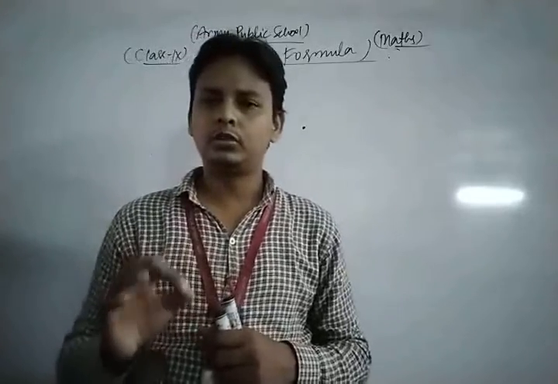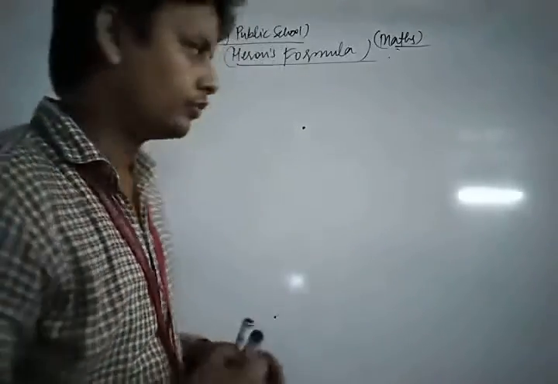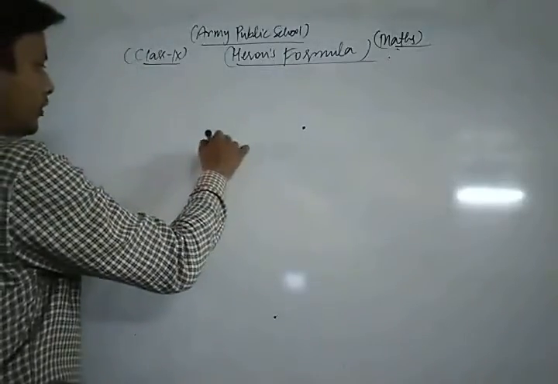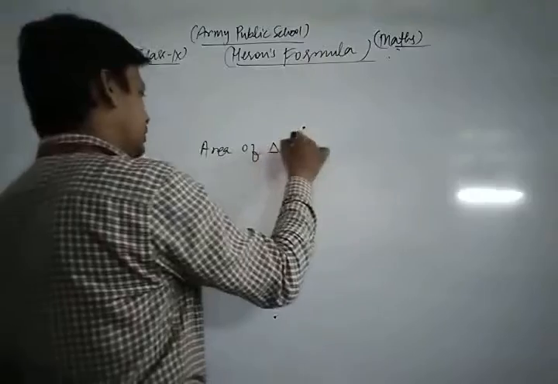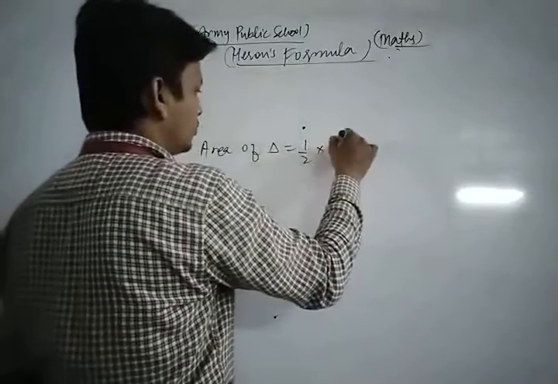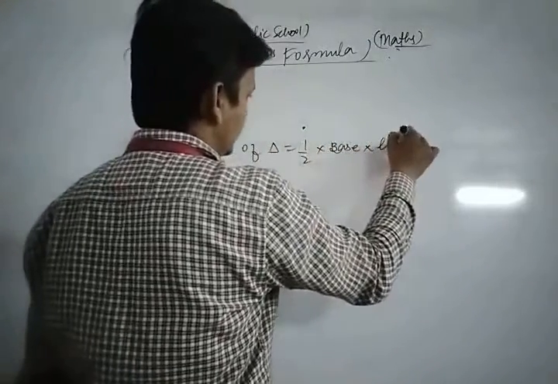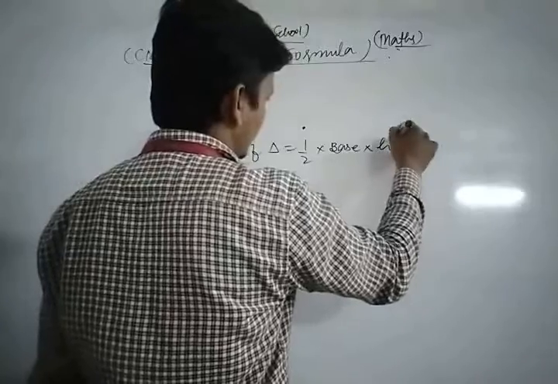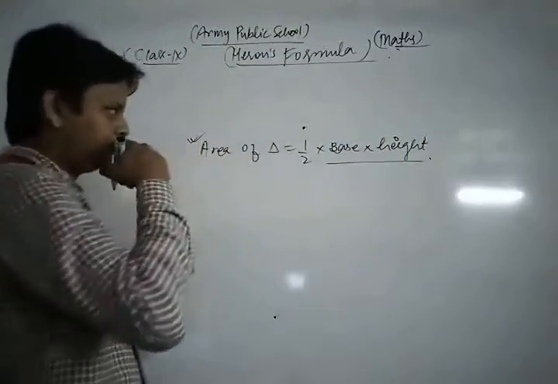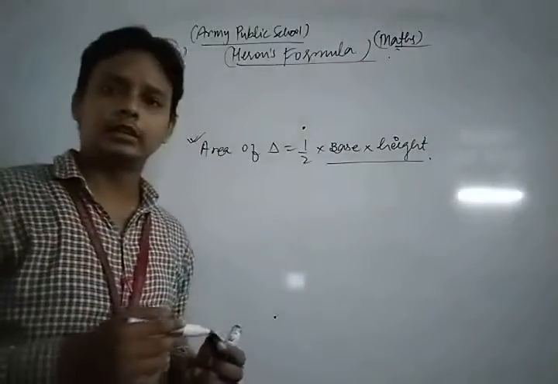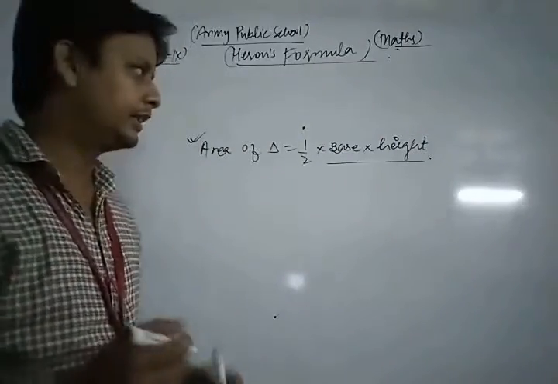Dear students, we know the very common formula to find the area of a triangle: area of triangle is equal to 1 upon 2 into base into height. This is a very common formula when the base and height are given.